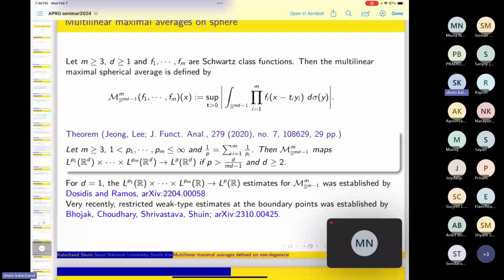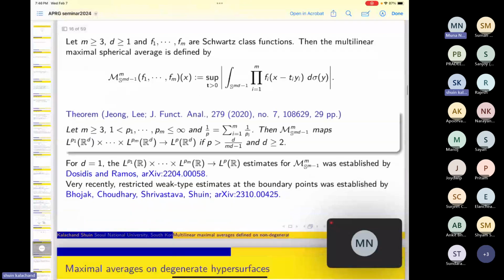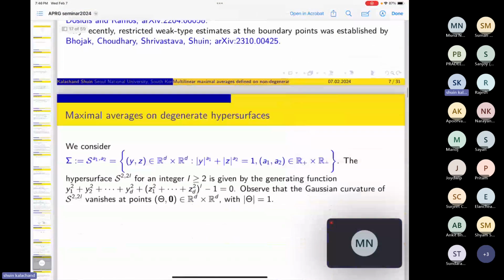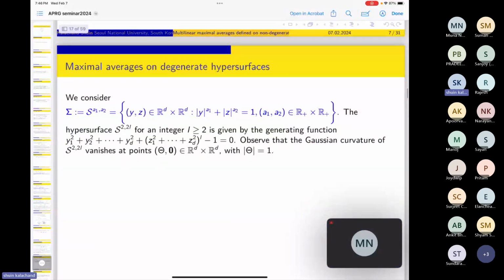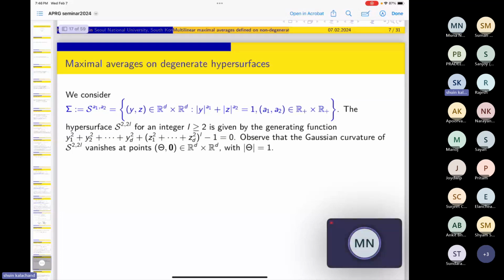This is the generating function for the sphere, and it has non-vanishing Gaussian curvature. So if we consider a hypersurface which has vanishing curvature condition, I mean, the Gaussian curvature may vanish at some points, then if we consider a bilinear or multilinear maximal function on those hypersurfaces, what can we prove? So this is one example of such hypersurfaces.